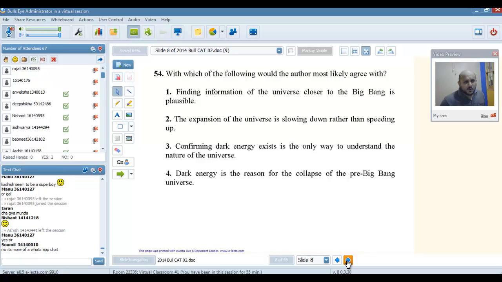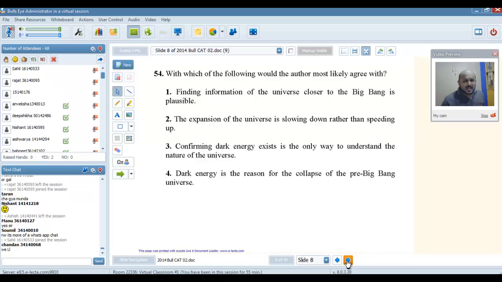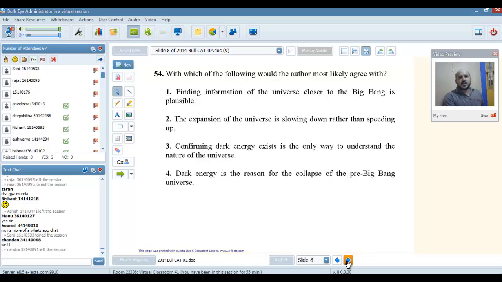If you think about it closely, option number one is a very, very diplomatic answer option. Neither it is one way nor it is the other way. It simply says finding information of the universe closer to the Big Bang is plausible.